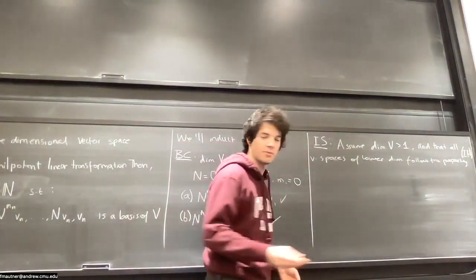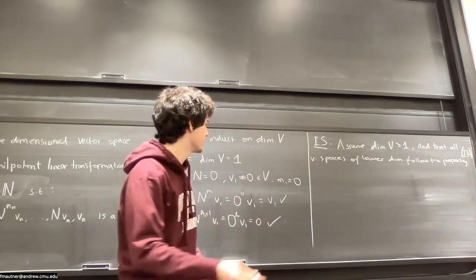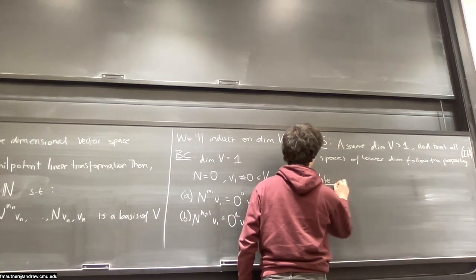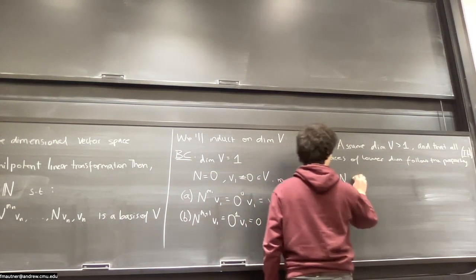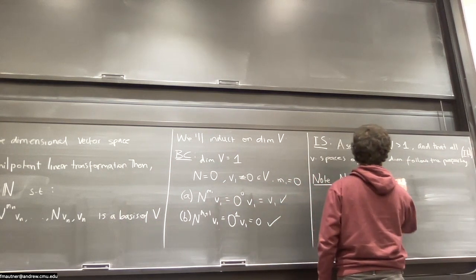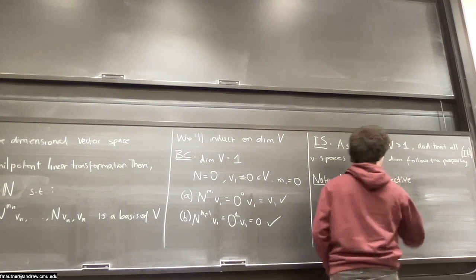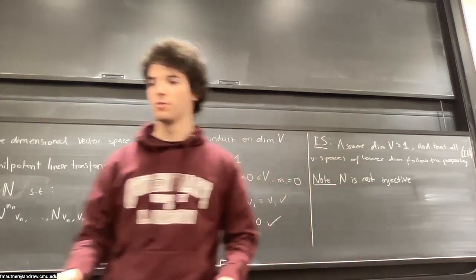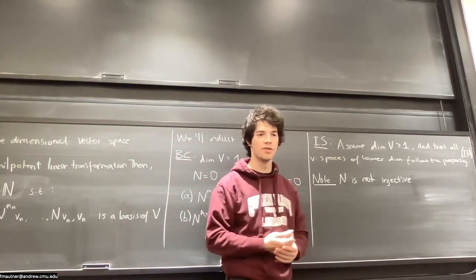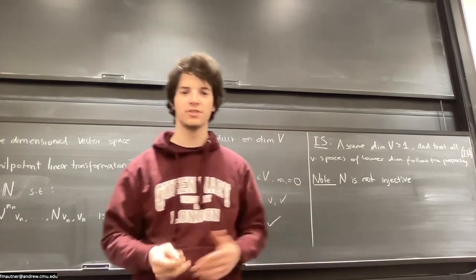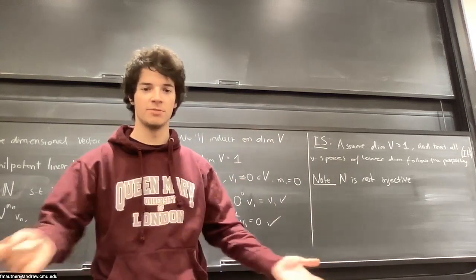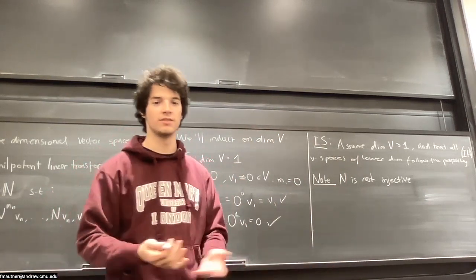The first thing that might seem a little unrelated now is just noting that N is not injective. And we can just quickly go over why. We know that N is nilpotent, so there exists some positive integer k such that N to the power k applied to any vector in V is equal to 0.